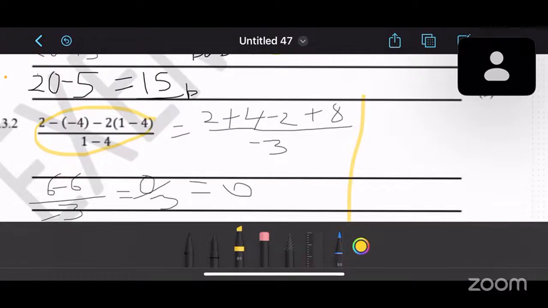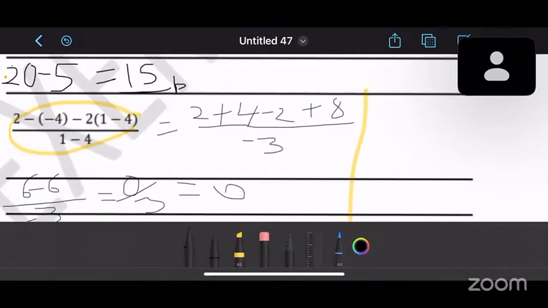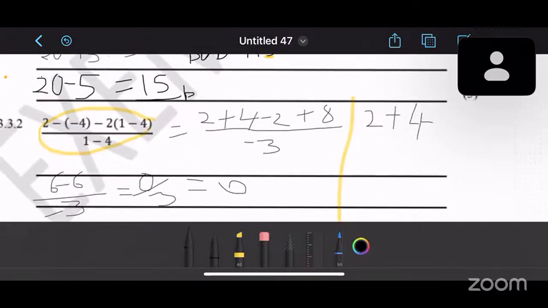Because I said negative 2 bracket 1 minus 4 close bracket is equal to 6. Can you say that again, please? I said 2 plus 4 plus 6.